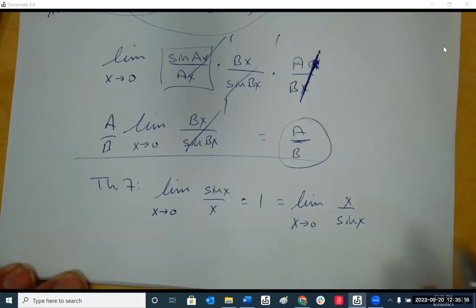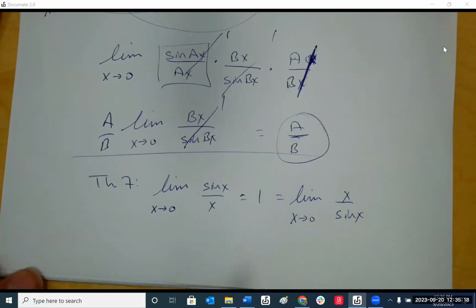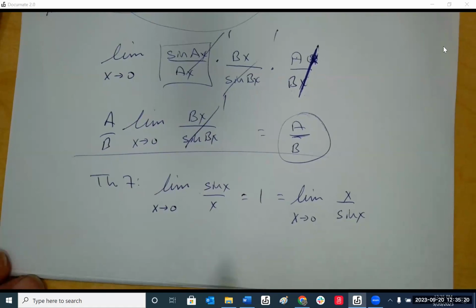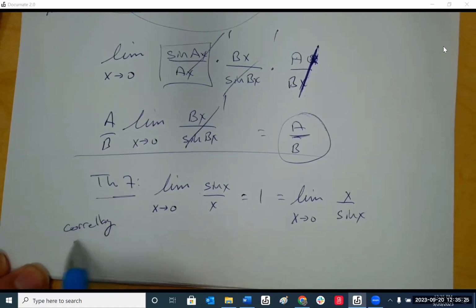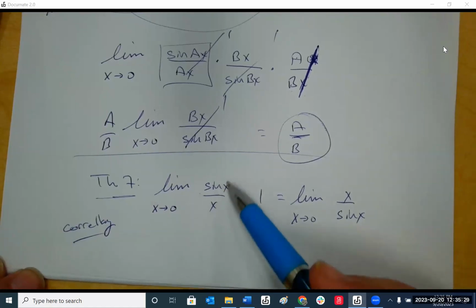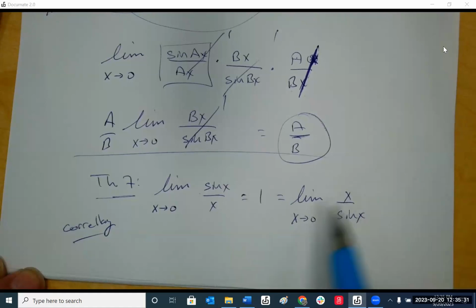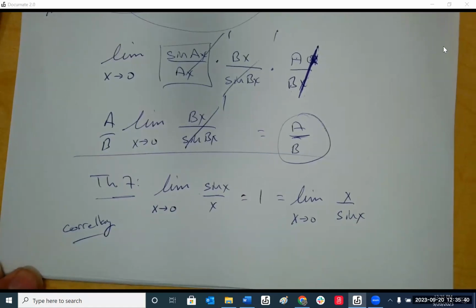If we didn't flip it, we still get the same thing. So this is a corollary of Theorem 7: sine x over x or x over sine x, as x goes to 0, will go to the same place. Because it's still 0 over 0. So there you go. That's everything for that section.